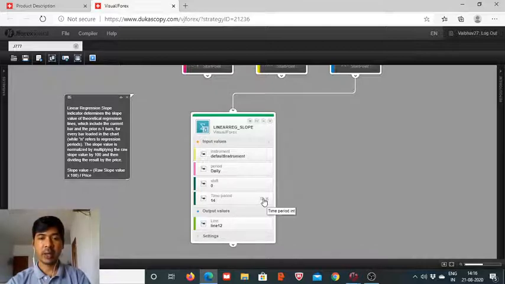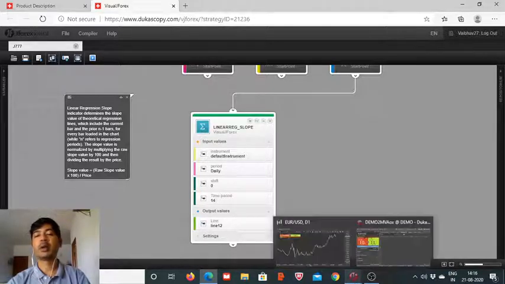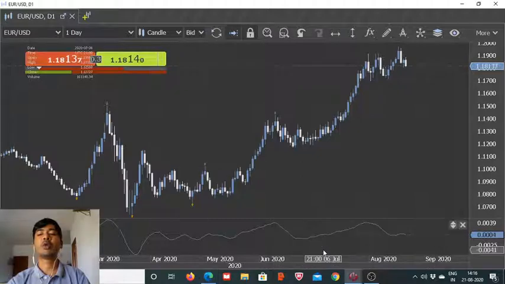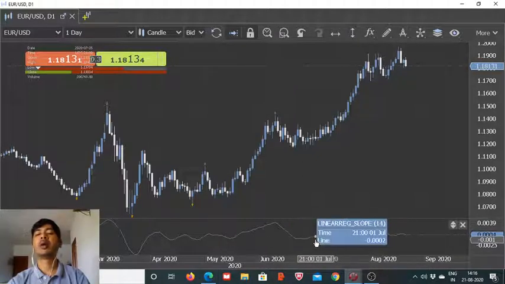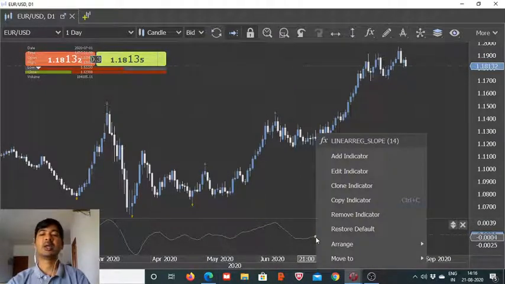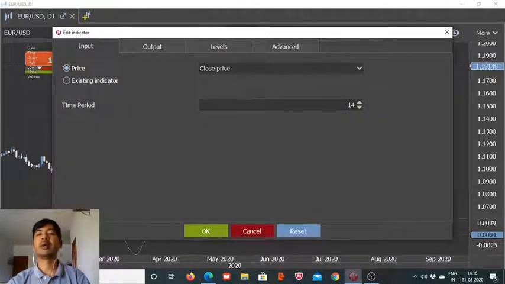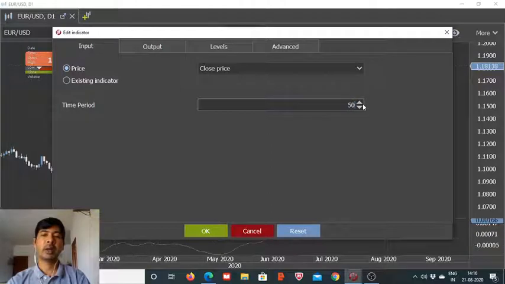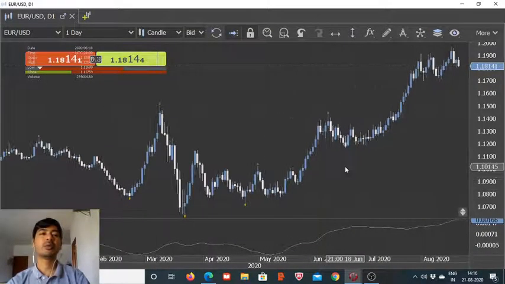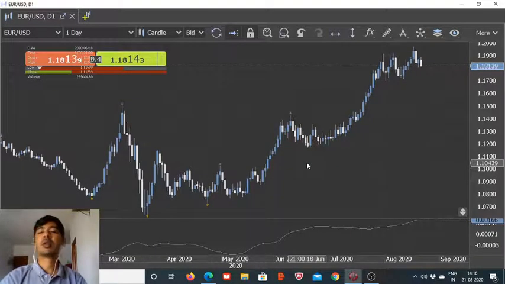Then the time period, as I explained to you, doesn't necessarily have to be fixed at the default. We can always change it. This is the default setup. We can change it to say 50, and you will have a wholly different kind of linear regression slope.